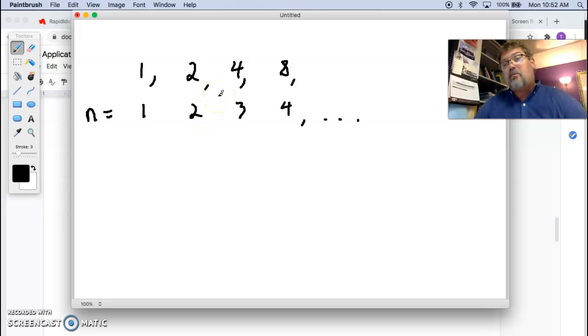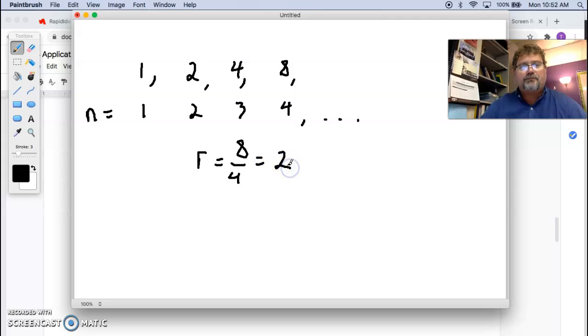Some people might say doubling is a constant rate, but it's not, because the distance between these terms is not constant. 2 minus 1 is 1, 4 minus 2 is 2, 8 minus 4 is 4. This is not a constant rate of change. So what we've just spotted is geometric, because we're doubling. So 8 over 4 is our common ratio. 4 over 2 is 2, 2 over 1 is 2, and so on.